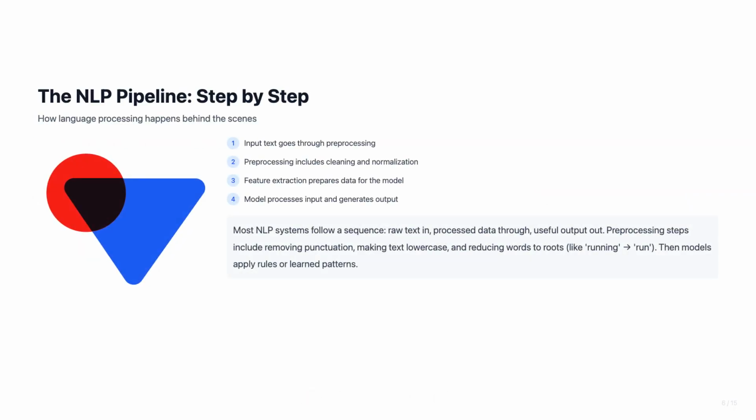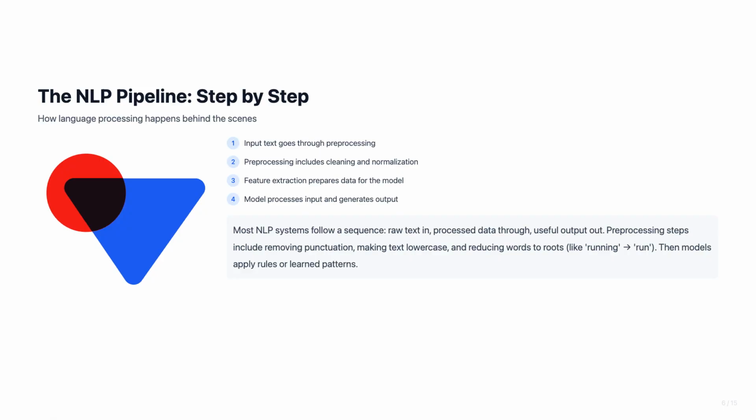Let's walk through how an NLP system works from start to finish. It's like an assembly line for language. First, the user types something, raw input. Then comes pre-processing. The system removes punctuation, converts letters to lowercase, and simplifies words, turning running into run for consistency. Next, feature extraction turns the clean text into numerical form.